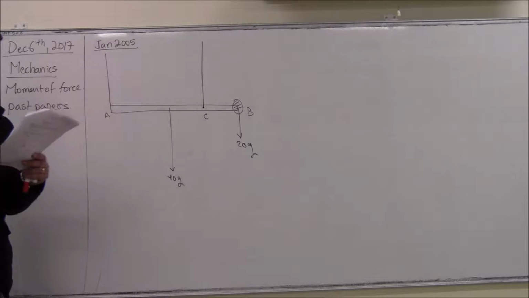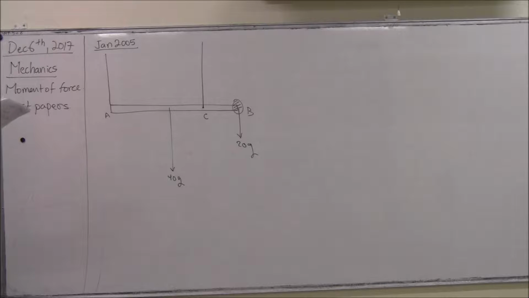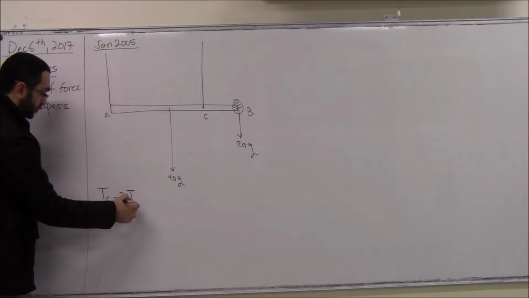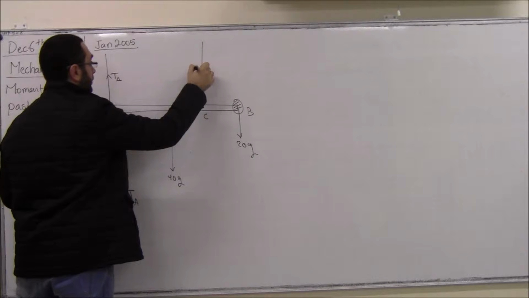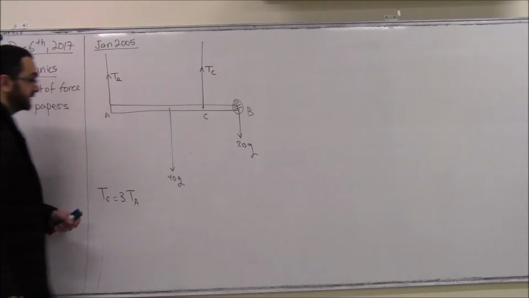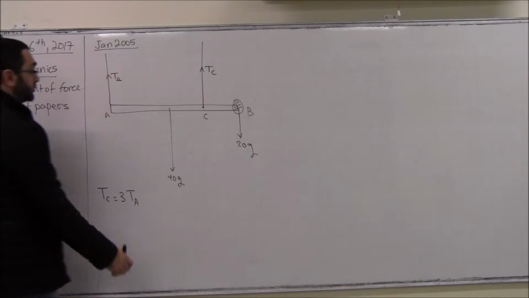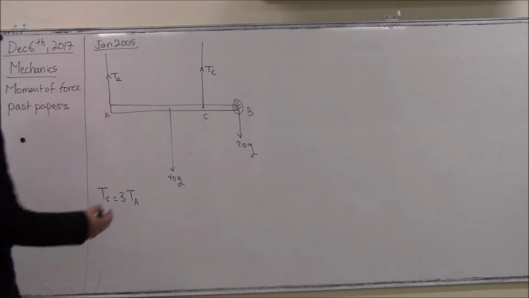The plank is modeled as a uniform rod, so the center of mass is in the middle, and the load as a particle, given that the tension in the rod at C is 3 times the tension in the rod at A. So TC is 3 times TA. What we are asked to find is the tension in C and the distance CB.